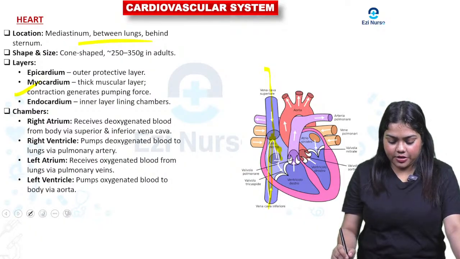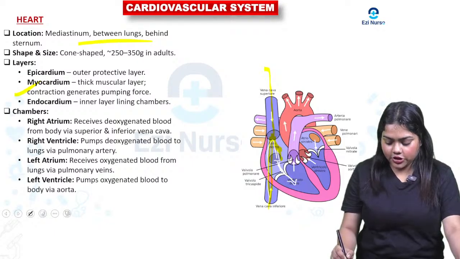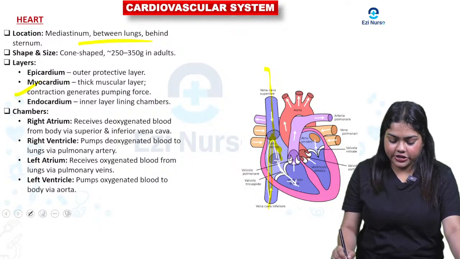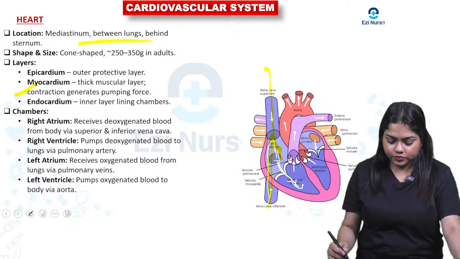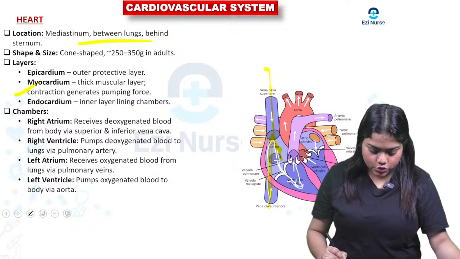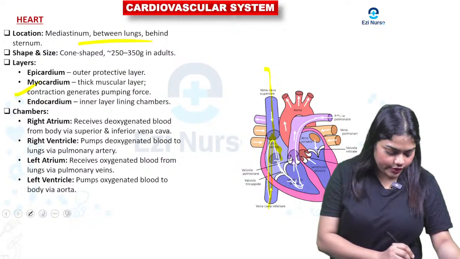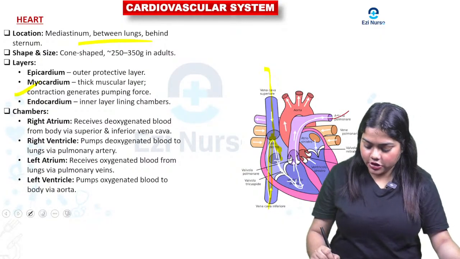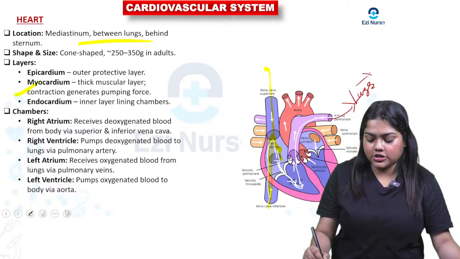From the right atrium, it pushes the deoxygenated blood to the right ventricle, which pumps the deoxygenated blood to the lungs through the pulmonary artery. It sends deoxygenated blood to the lungs to get oxygen.